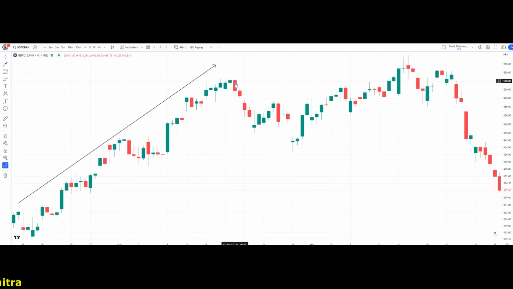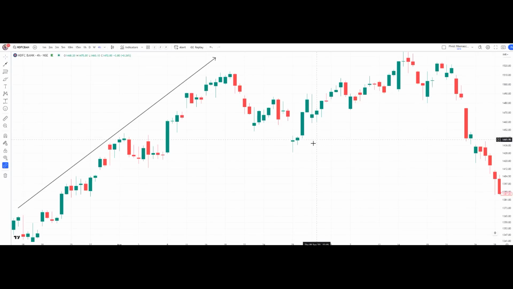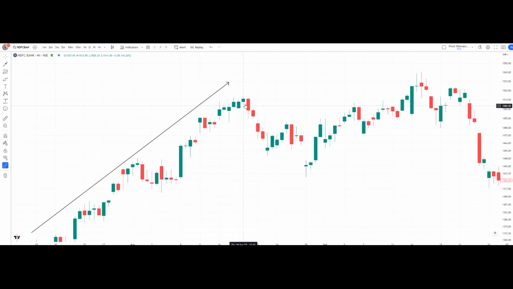This red candle's low is 14,090 and high is 15,012, and this green candle's high is 15,013. So the high is not taken away. From here we came to know that there is a change in the trend, and after that we can see that there is a nice fall in HDFC Bank.